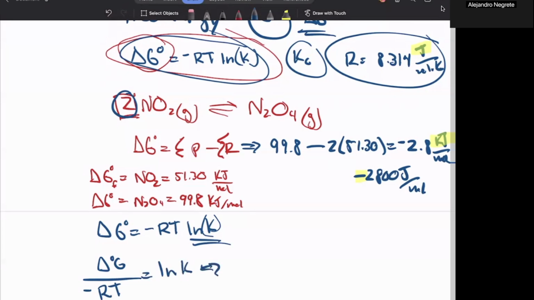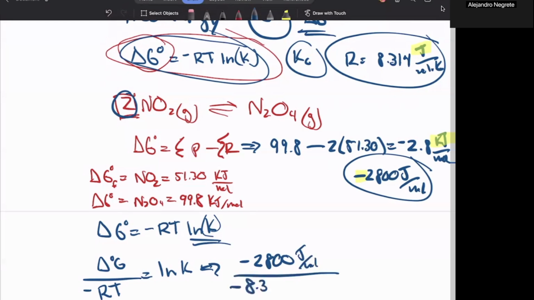We know what the free energy is: minus 2,800 joules per mole over a negative 8.314 joules per mole Kelvin equals the natural log of K.